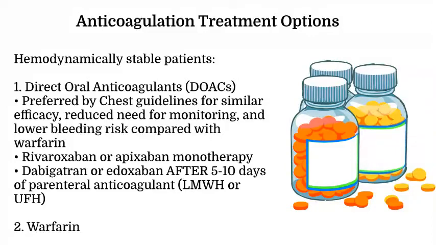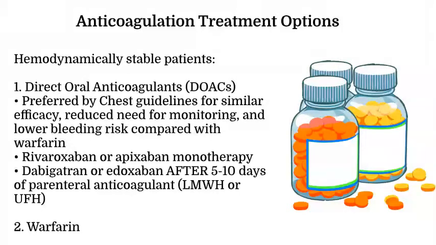So the other two, dabigatran and edoxaban, they can't be started right away. They can only be started after the patient receives 5 to 10 days of a parenteral anticoagulant, which could be a low molecular weight heparin or unfractionated heparin. So, why is that?